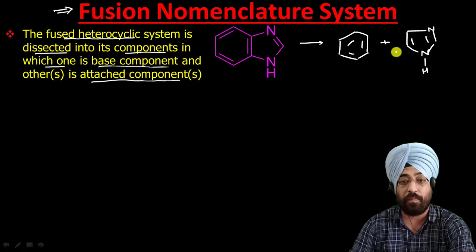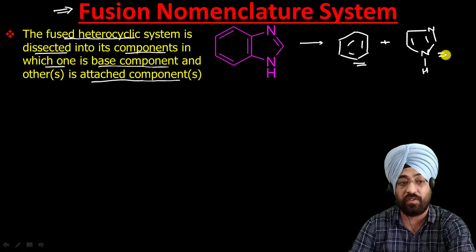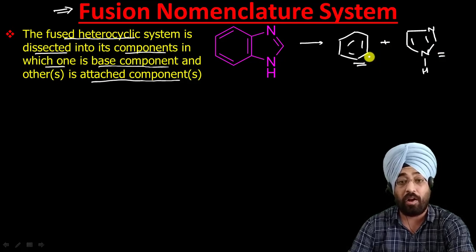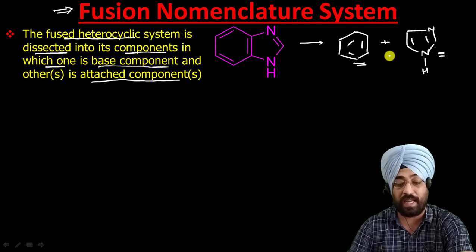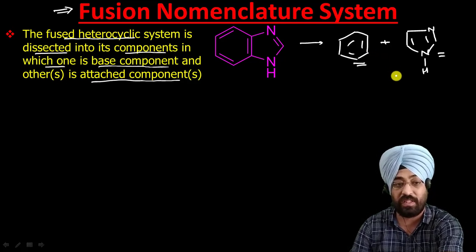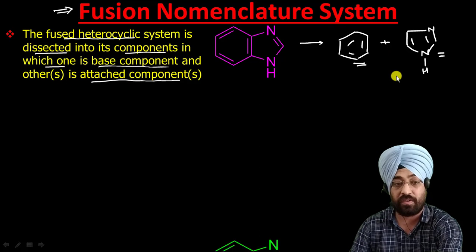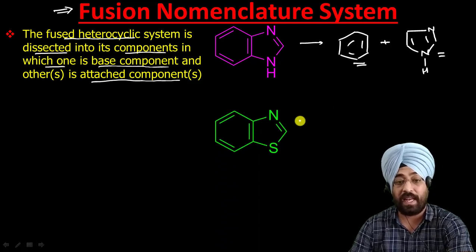So this compound can be broken into these two components. When these two join, we get a single compound. Now out of these two, one is called the base component and another is called the attached component. There are rules by which we can find which is the base component and which is the attached component.